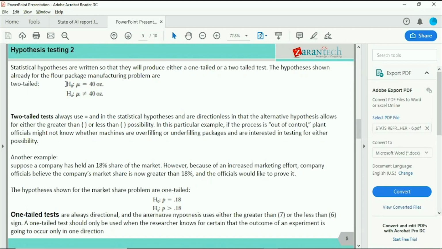So what will be the hypothesis? H naught will be mu equal to 4, right? Yeah, mu is equal to 4, and the alternative hypothesis is mu not equal to 4. In two tail, we don't know whether he will be scoring 4 goals or not.